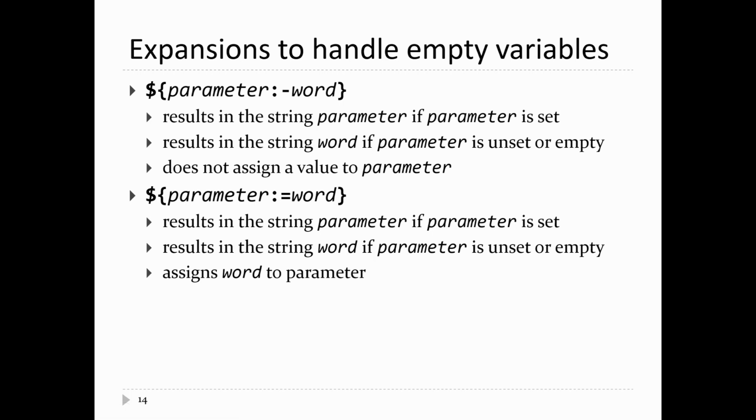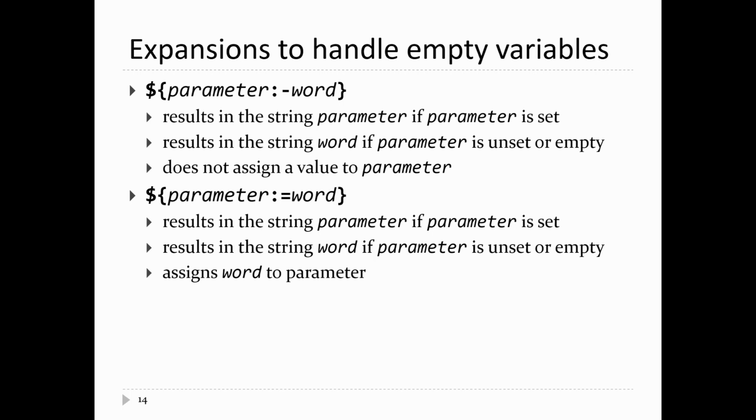In other words, it just produces the value of the variable. Now, if that variable is not set or is empty, then that expansion produces the word. So this whole thing ends up becoming just the word, but it doesn't change the parameter. It doesn't do anything to the parameter.